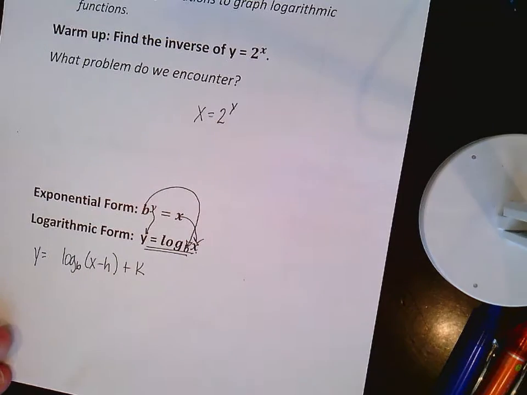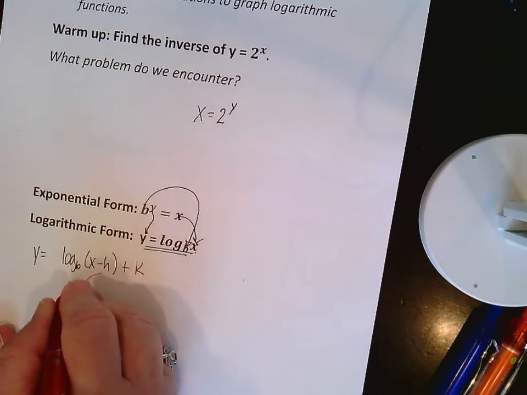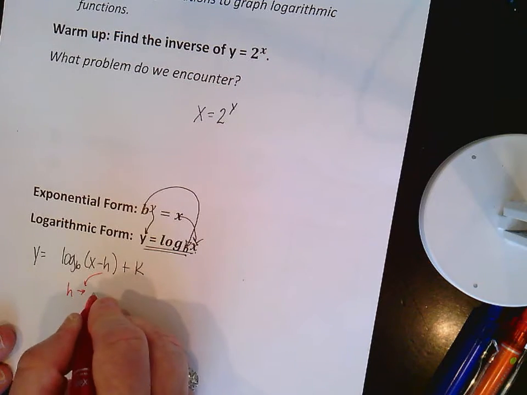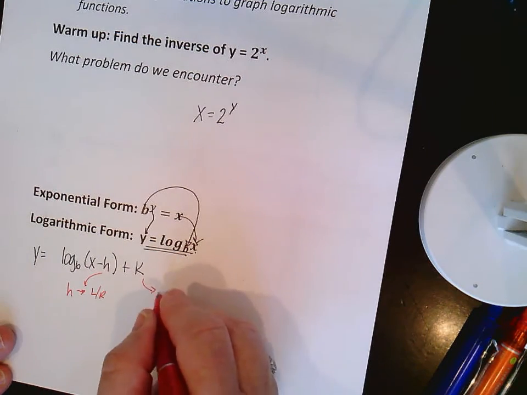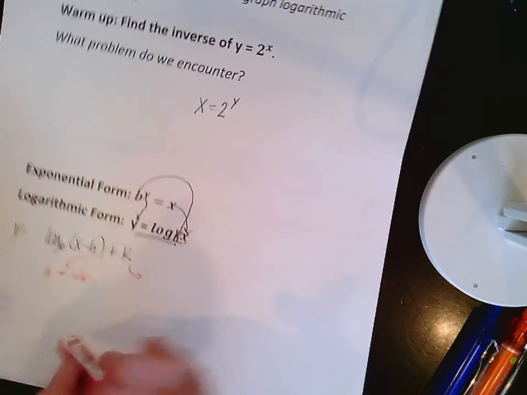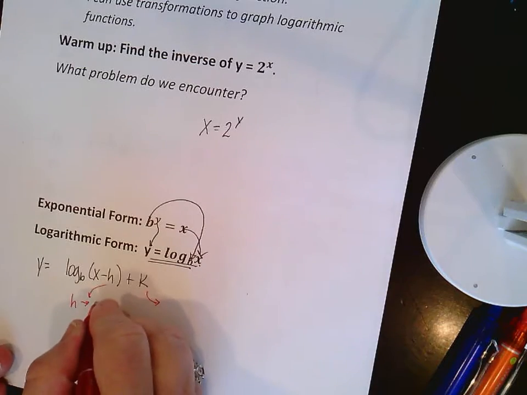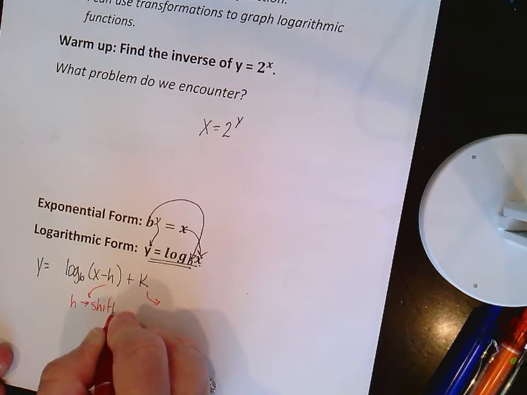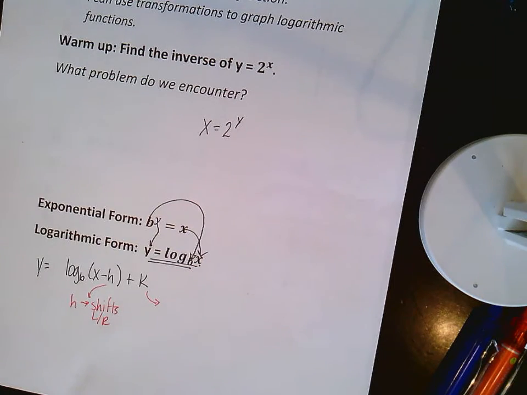Okay, and same thing we discussed before, that your h tells you if it shifts left or right. Your k tells you if it shifts. Let me rewrite this so it's clear. The h shifts left and right. And remember, the h is the opposite of what's in with the x because it's a subtraction.